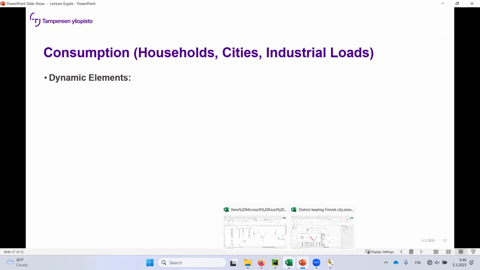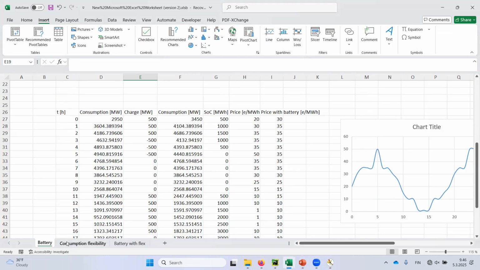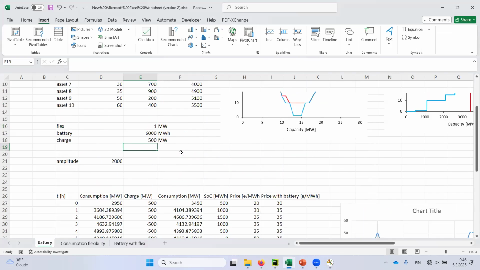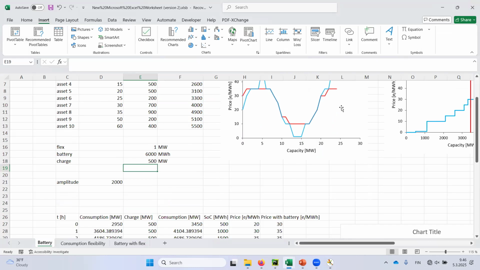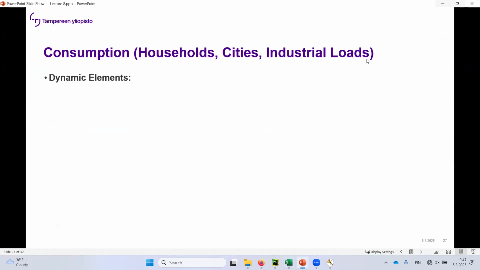The difficult part, of course, is trying to see how the merit order changes then. But in this case, I didn't put any kind of a price for the battery, so it's just operating when it's too cheap or too expensive, and it narrows down the prices.